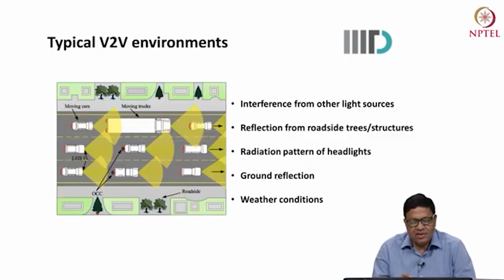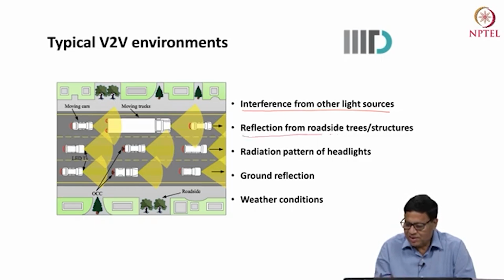So if we consider a typical V2V environment, while analyzing this vehicle-to-vehicle communication, you need to consider interference coming from other sources. The other sources could be cars which are different from the cars which are communicating.